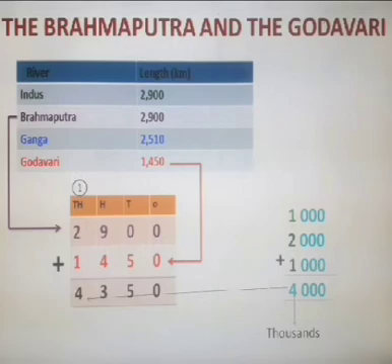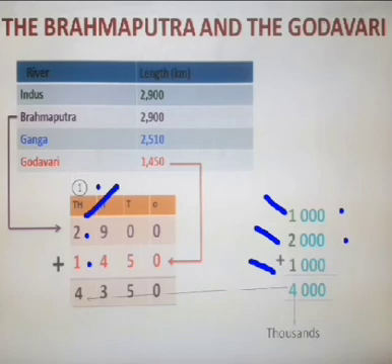Children, now look at the thousands column. In thousands column, we have 1 as a carryover, 2 and 1. As these numbers are in the thousands column, so let us call them as 1000, 2000 and 1000. On adding 1000, 2000 and 1000, we get 4000.